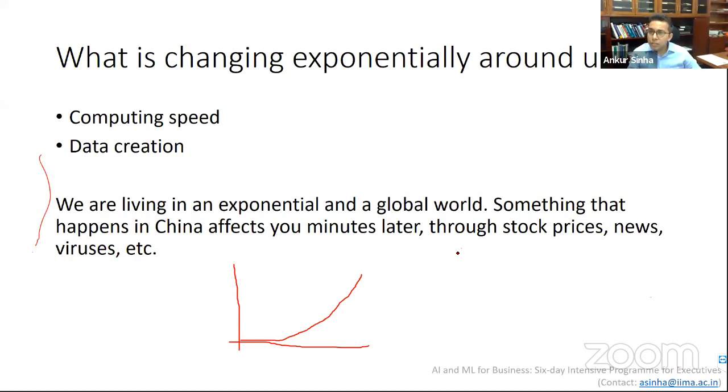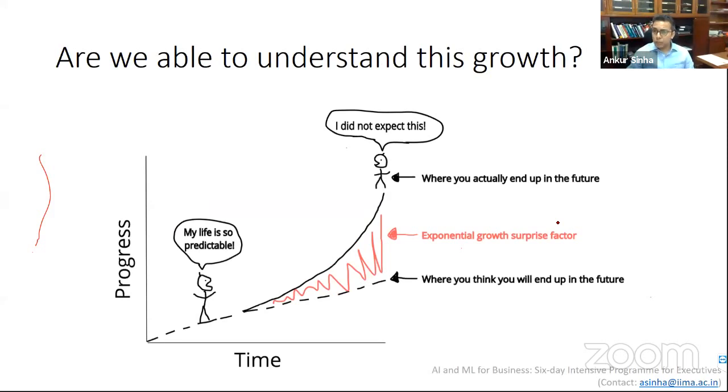That is how data is getting created over the past few decades. So the question is, do we understand this exponential curve? What is the meaning of this exponential curve? If things are growing exponentially, where is it going to take us 10 years later, 20 years later, and so on? And the question arises, why is it important for businesses to understand this exponential curve?